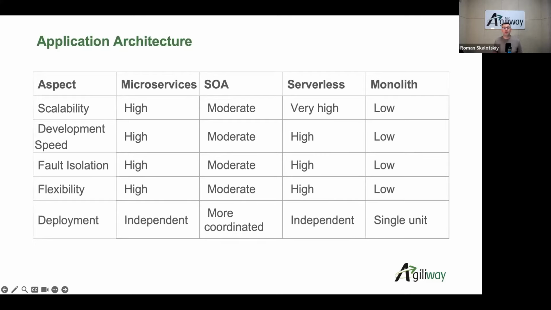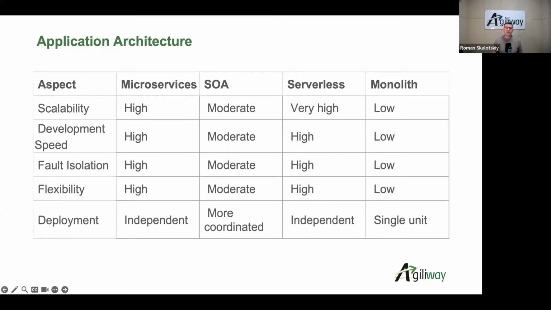SOA promotes reusability, scalability, and flexibility, allowing organizations to build complex systems. This architecture supports interaction across different platforms and technologies.